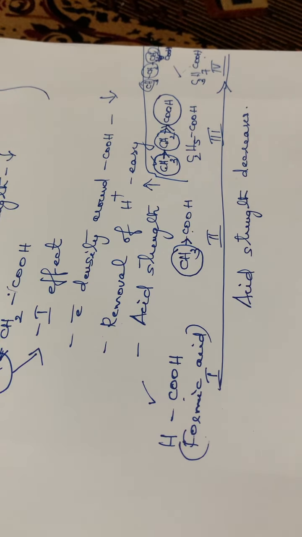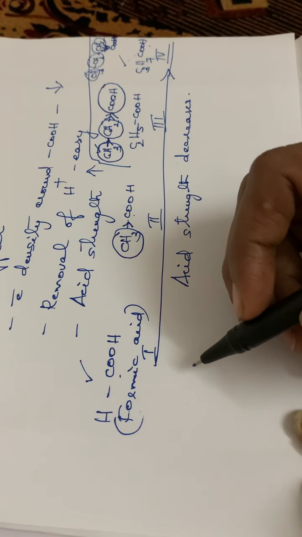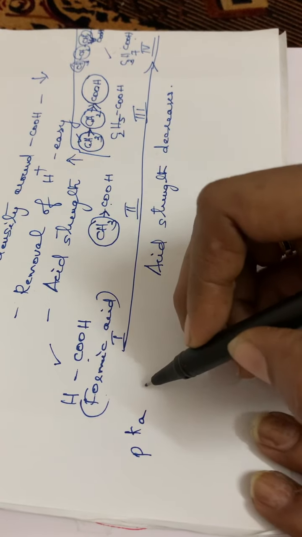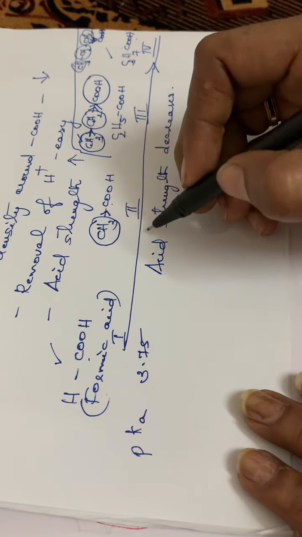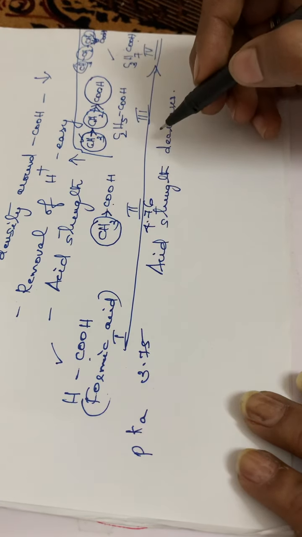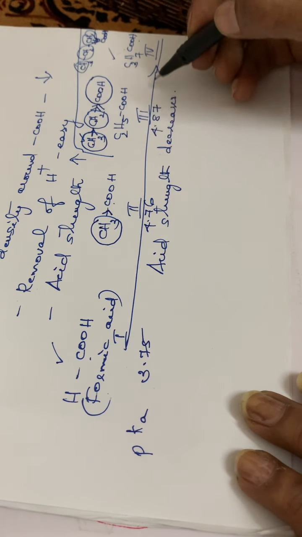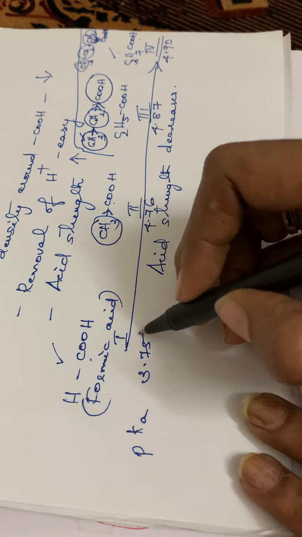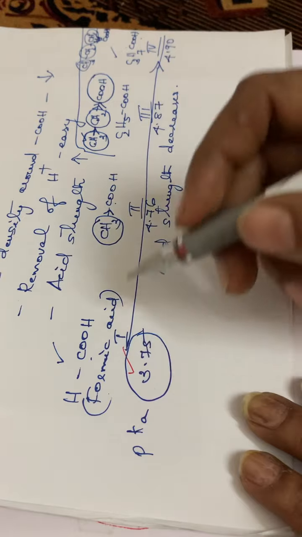Okay, so otherwise we can compare the pKa values. For formic acid, the pKa value is 3.75. Okay, for acetic acid it is 4.76. For propanoic acid it is 4.87. Then for butanoic acid it is 4.90. So from the pKa value itself we can say that this formic acid has greater acid strength.